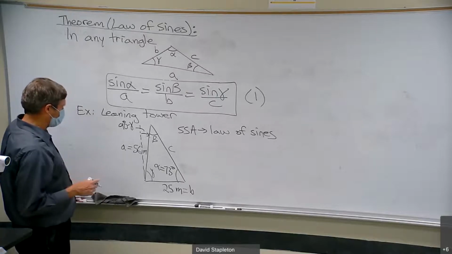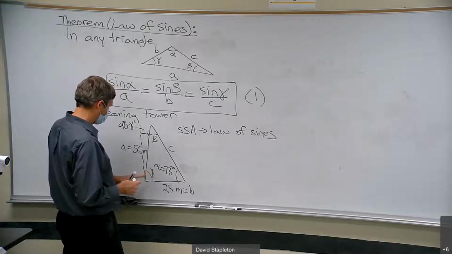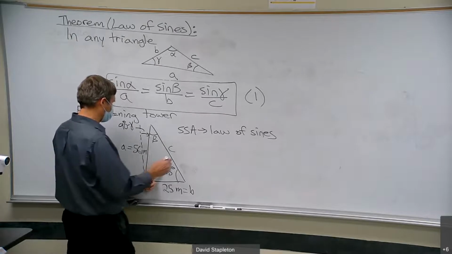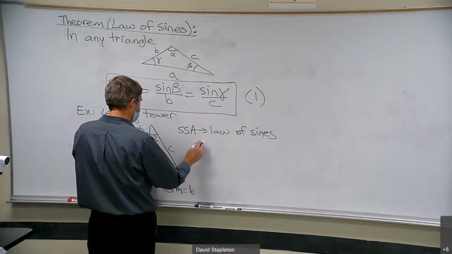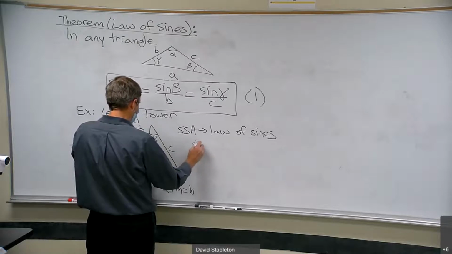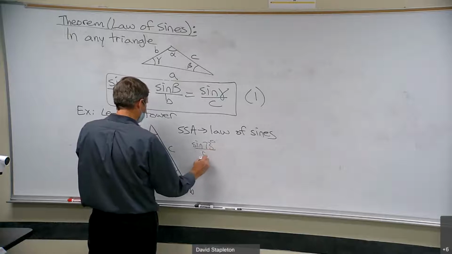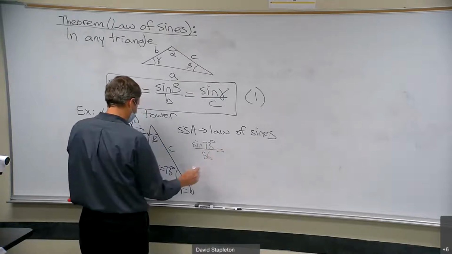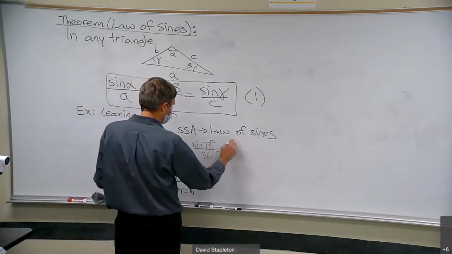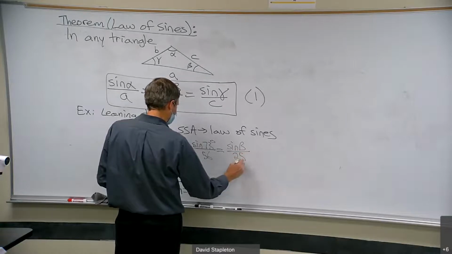Let's see what we get here. I have this side and this opposite angle. I could use those. So I could say by equation 1, the law of sines, sine of 73 degrees is to its opposite side 56, as sine beta is to 25.